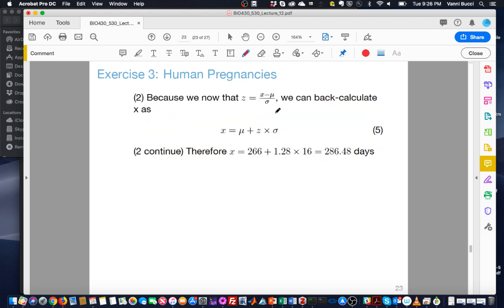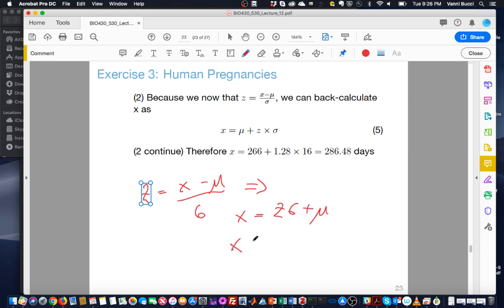So because z is equal to 1.28, and we know that z is equal to x minus mu over sigma, we can rearrange our equation to calculate x, which is equal to z sigma plus mu.